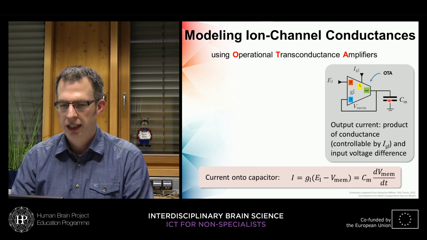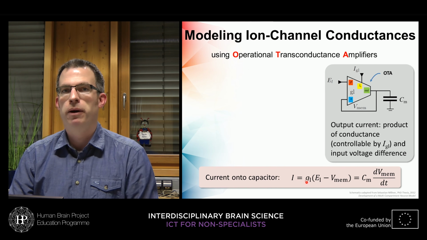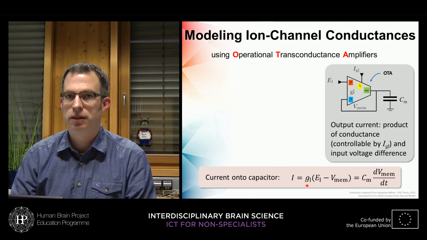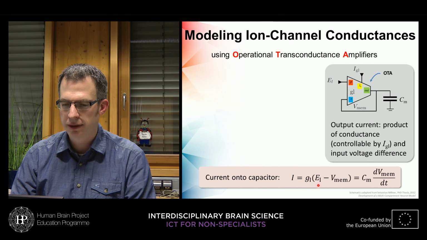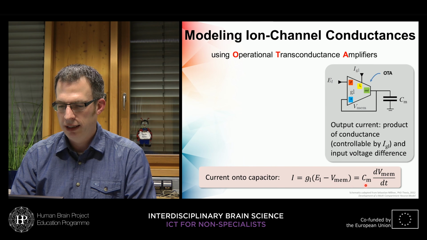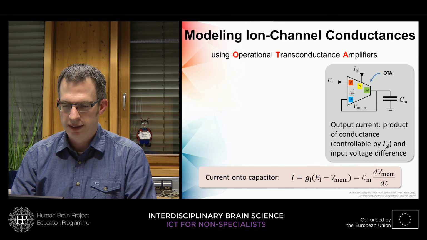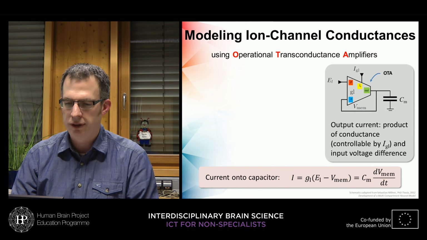So if we have this capacitor in the end and we have a voltage here, E L, then the current flowing onto this capacitor equals the product of the conductance that is made by this OTA times the voltage difference at the input, which is E leak minus membrane voltage. And that's exactly what we had for the LIF leakage term. It's the membrane capacitance times the time derivative of the membrane voltage.